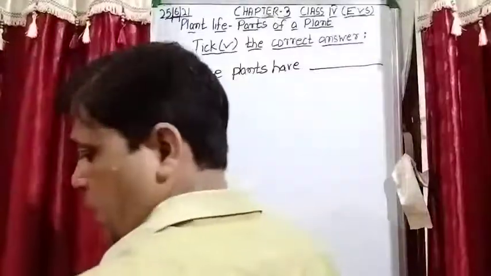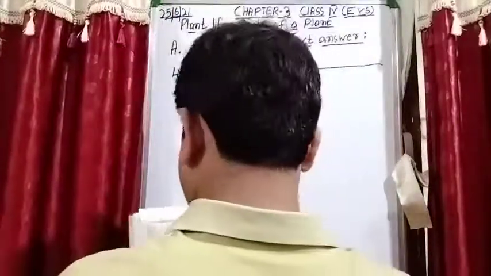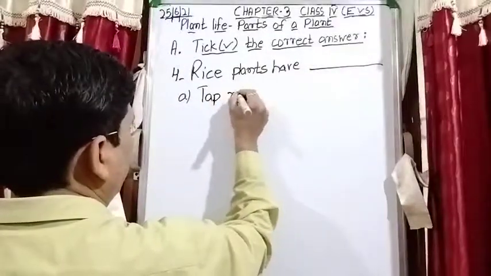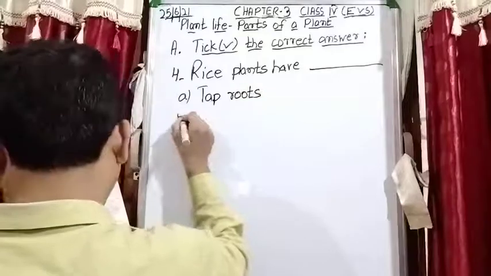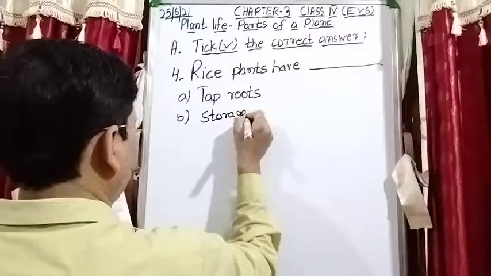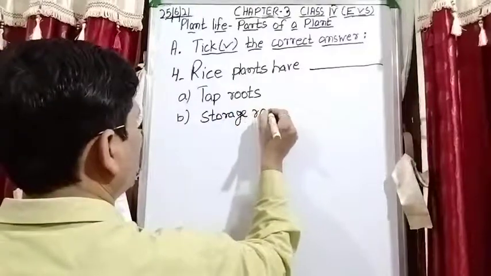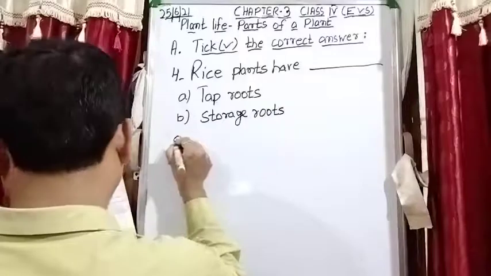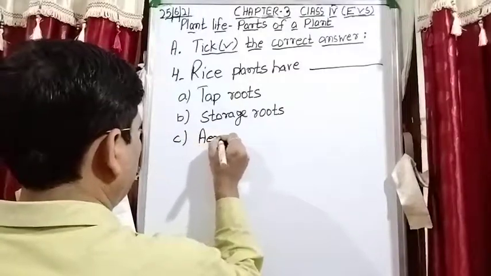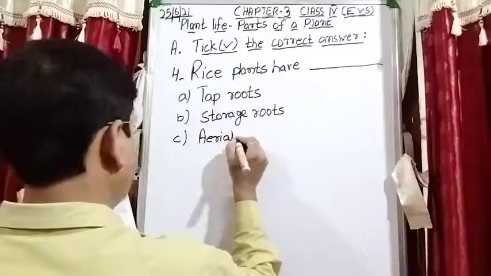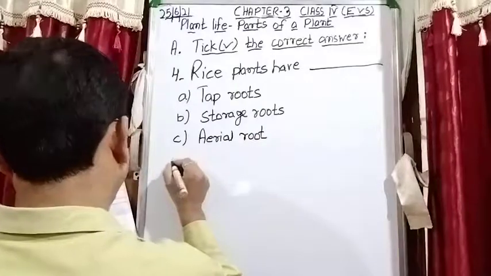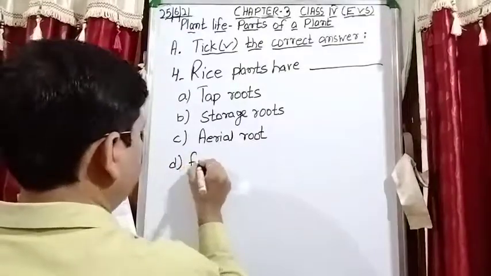Option number A, rice plants have tap roots. B, storage roots. C, aerial roots. And D, fibrous root.